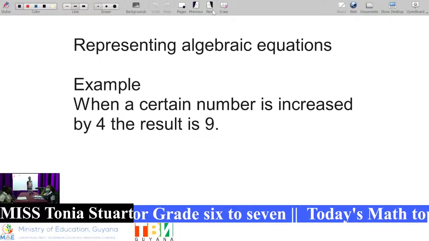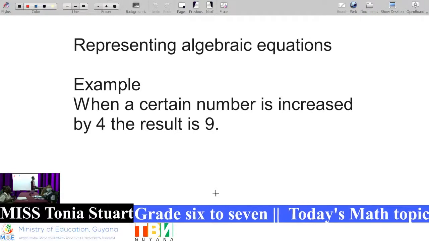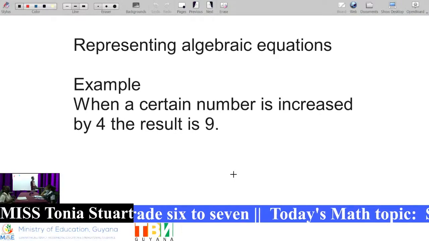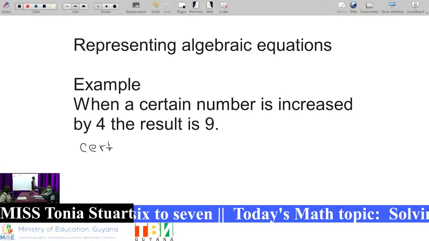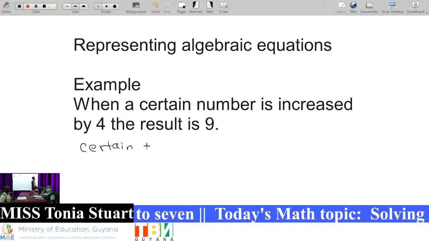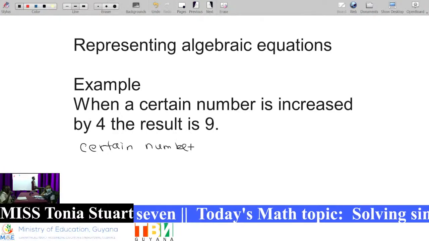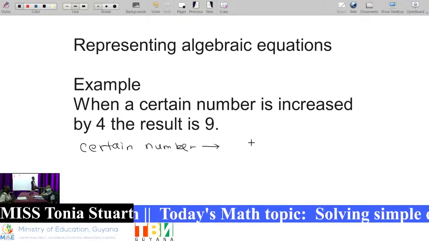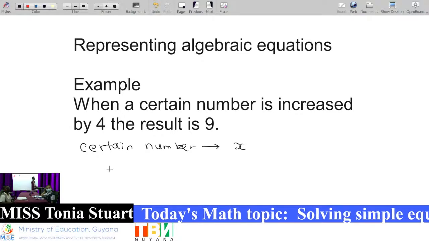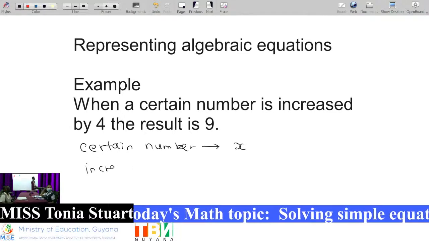So the special name for the letter is variable. We'll introduce a variable here. The certain number, we let that be represented by a letter. We can use X or A or B. So let's use X.